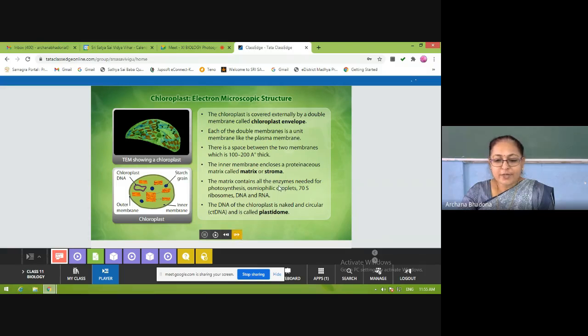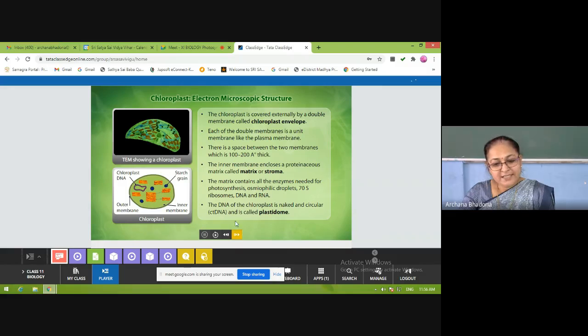You can note down this term. The diagram shows very clearly that circular DNA is present in the chloroplast. It is naked, meaning it is not bounded by any membrane. If we see DNA inside the cell, it is bounded by the nuclear membrane, but that is not the case in this chloroplast.